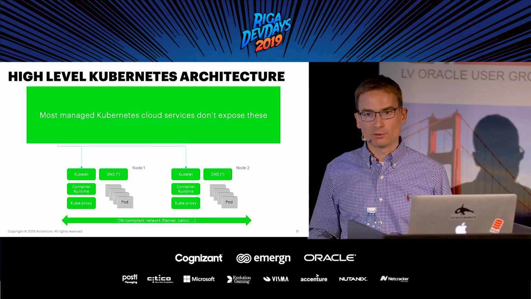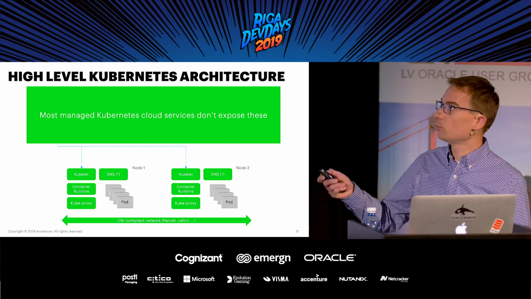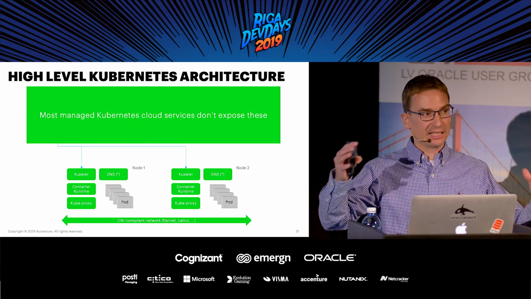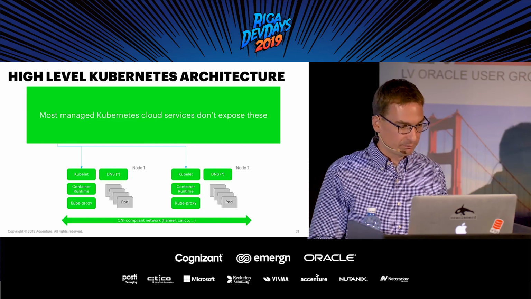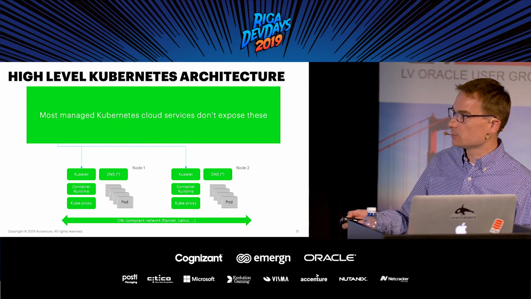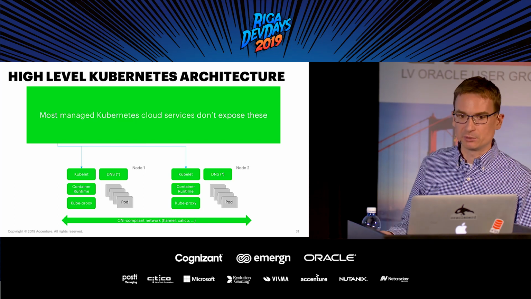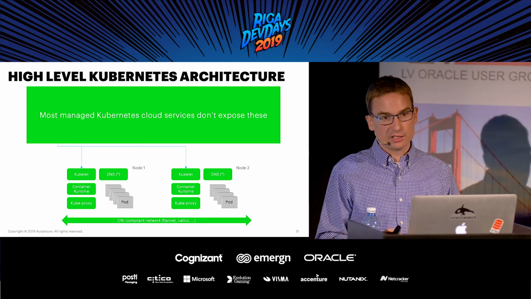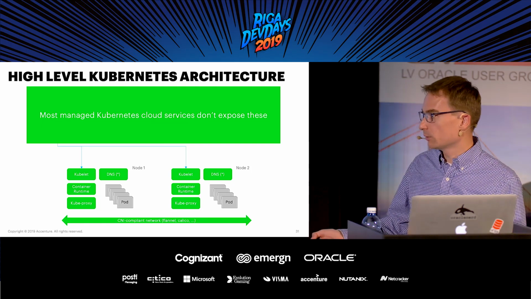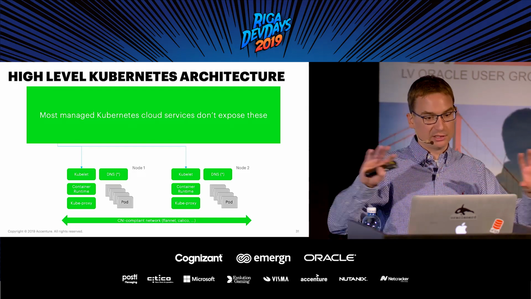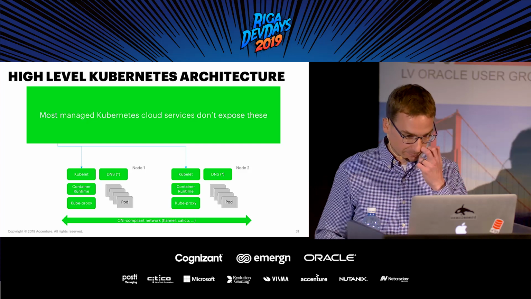But the cool thing is that you don't really need to know about what's referred to as the control plane, because that's handled by your cloud provider. What you deal with is this, and even then you don't necessarily deal with these components, you just deal with the interface and how to create your application in this cluster. And on the very bottom you've got a network, a flat hierarchy of IP addresses across all pods.